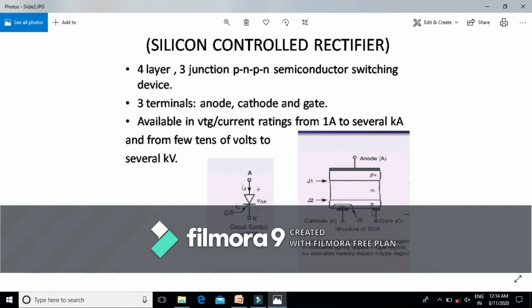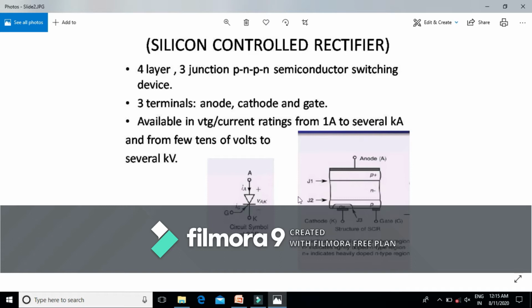While the inner P, which we call P2, is normally doped. The N1 or N negative region is very wide and lightly doped, that's why it's represented by N negative. This low doping provides high forward and reverse voltage blocking capability of the SCR.